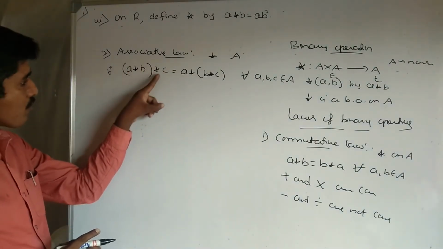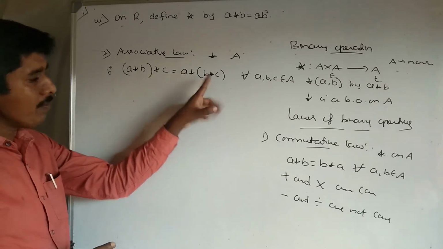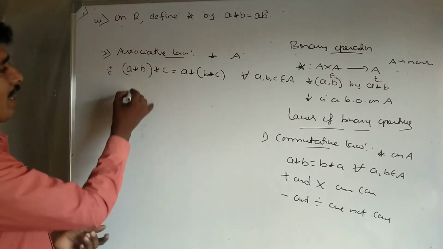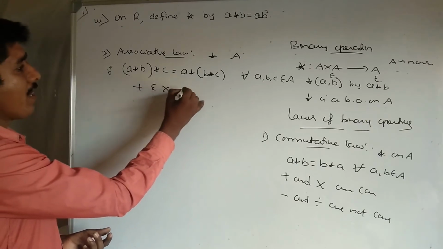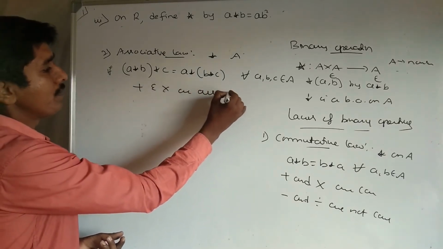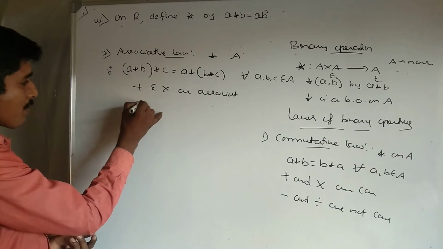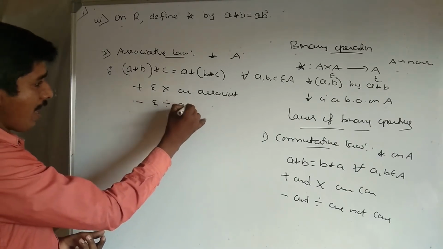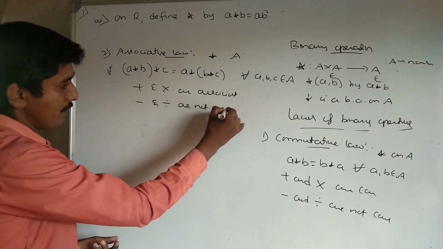So clearly addition and multiplication are associative on any set, but subtraction and division are not associative.